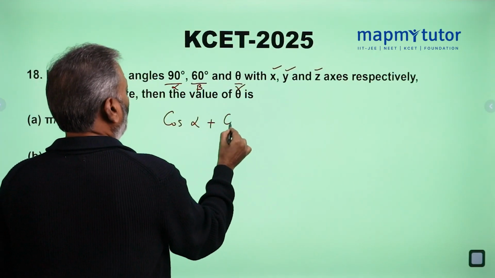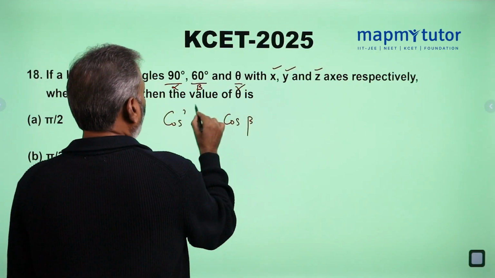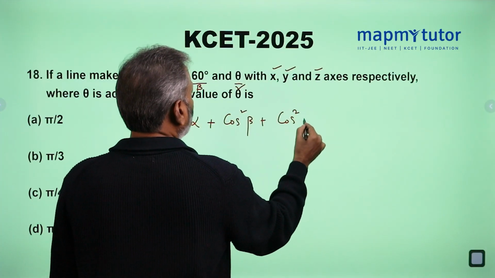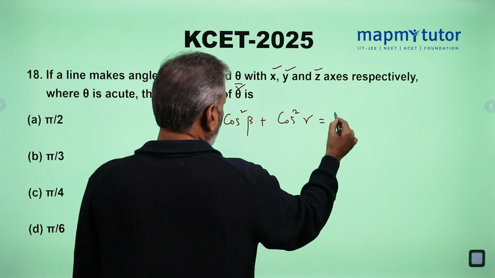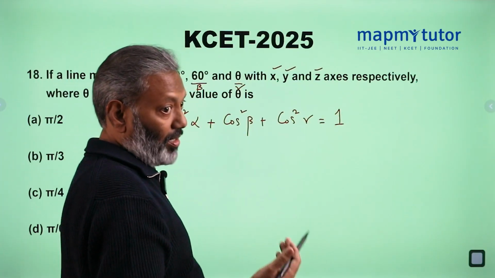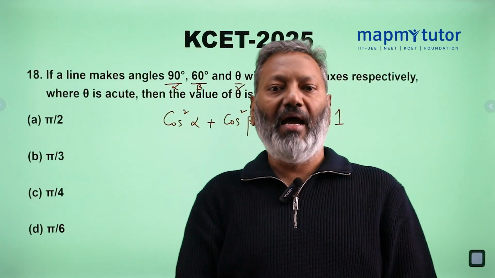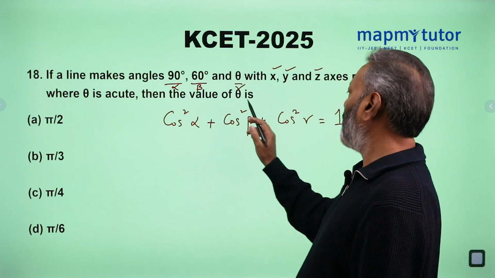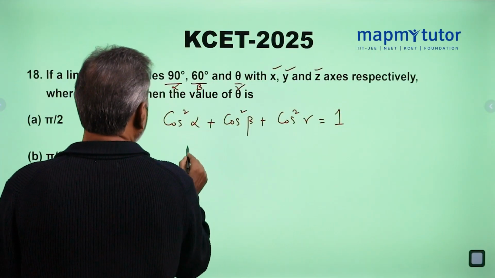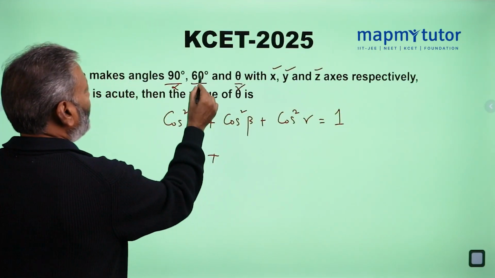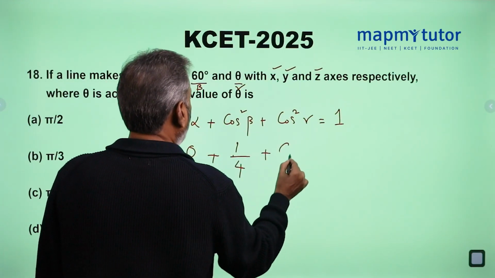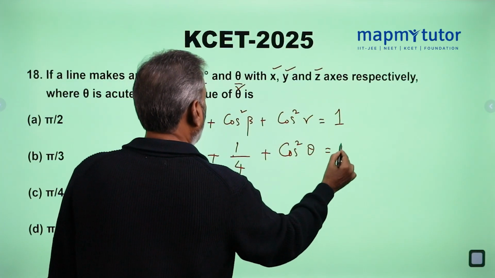If alpha, beta, gamma are the angles made by the line with the x-axis, y-axis, z-axis respectively, then cos alpha, cos beta, cos gamma are called direction cosines. And there is a relation: cos square alpha plus cos square beta plus cos square gamma is always 1. Here alpha is 90, so cos 90 is 0. Beta is 60, cos 60 is 1 by 2, cos square 60 is 1 by 4. And gamma is theta, equal to 1.